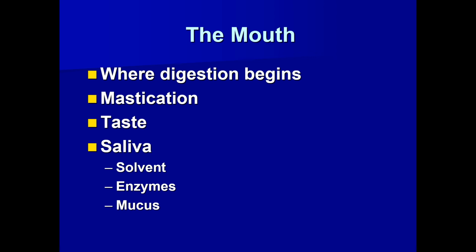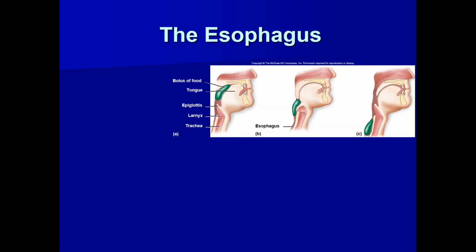Let's look at the next part, the esophagus. So after we chew it, it starts going down from our mouth into the larynx, pharynx, and so on and so forth. We don't want it going into the trachea. So that's really in the esophagus. This is just to lubricate with mucus and move forward to the stomach, and there are peristaltic waves going on.